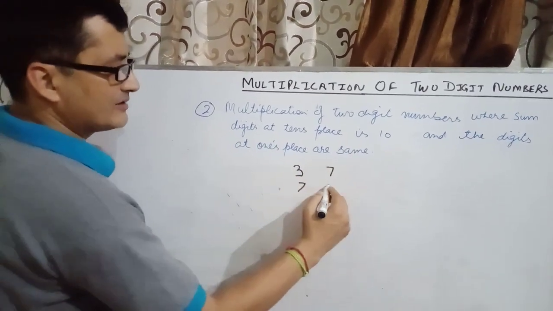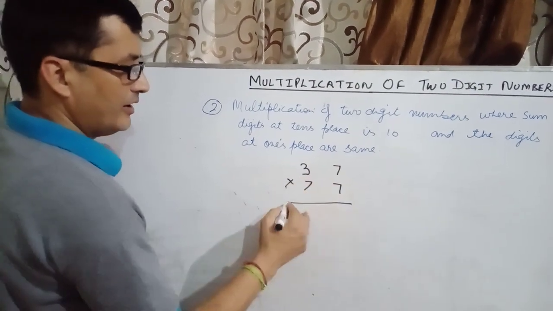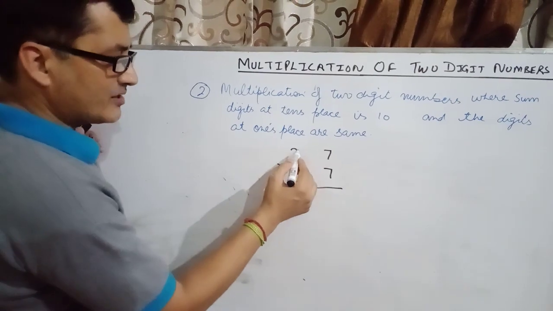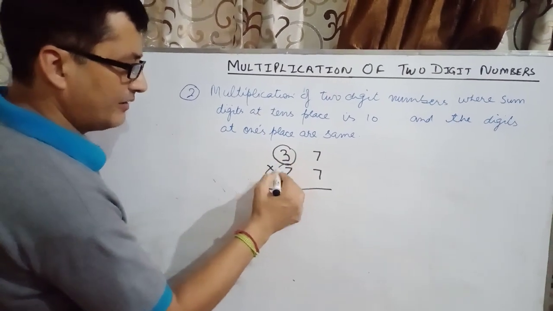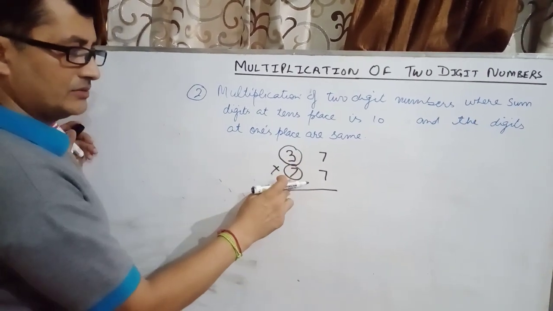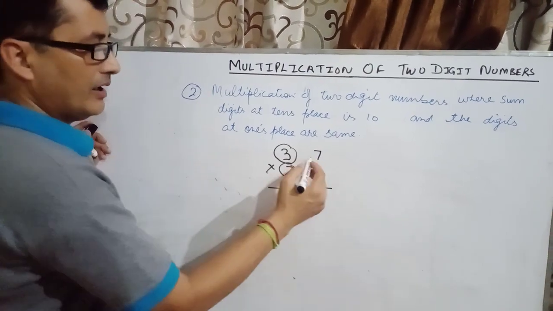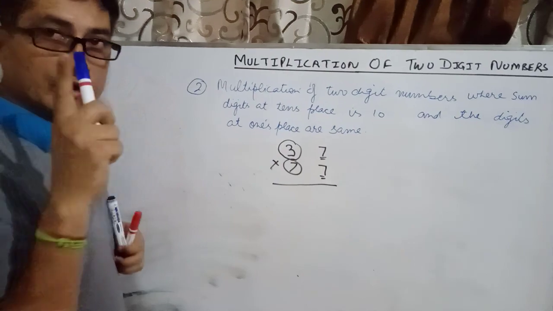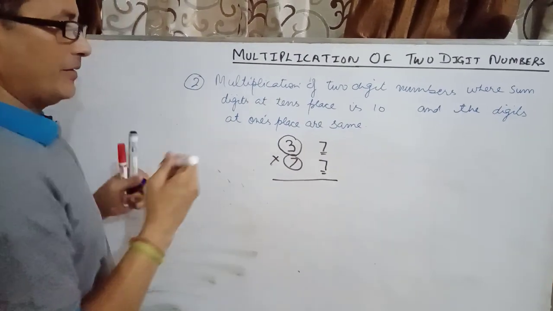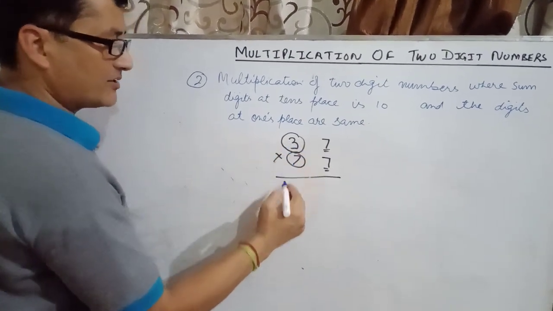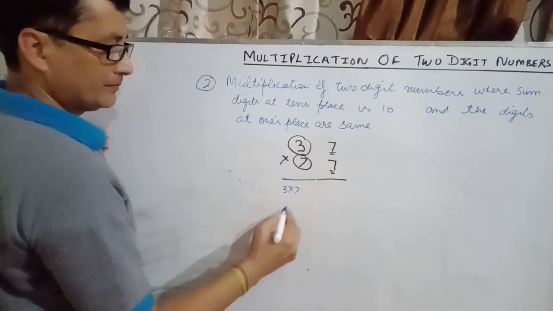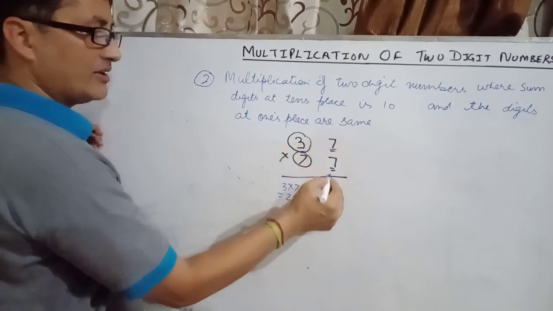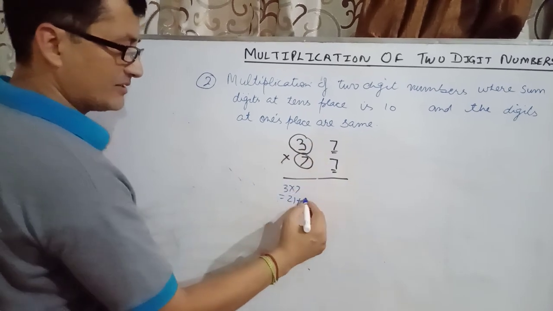37 and 77. Here we have two-digit numbers. Here the tens place digits are 3 and 7. Their sum is 10, and the digits at the ones place are the same. So what to do? Now understand the trick. You have to multiply the digits at the tens place, that is 21, and add the digit which is the same, that is 7.